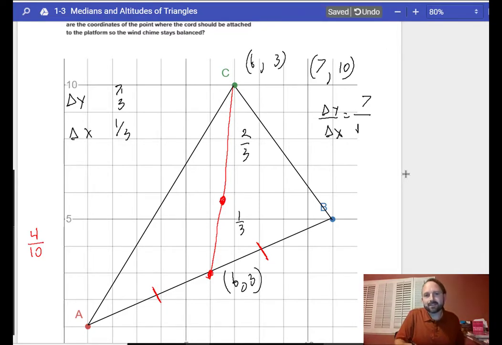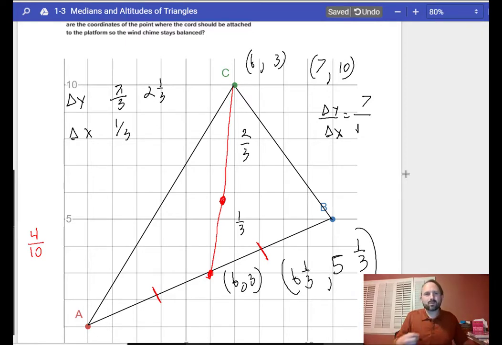So if I add this up, 7 divided by 3 is 2 1/3. So I know for a fact that the y will be 2 1/3 above that, so that'd be 5 1/3. And my x will be 6 plus 1/3, so 6 1/3.